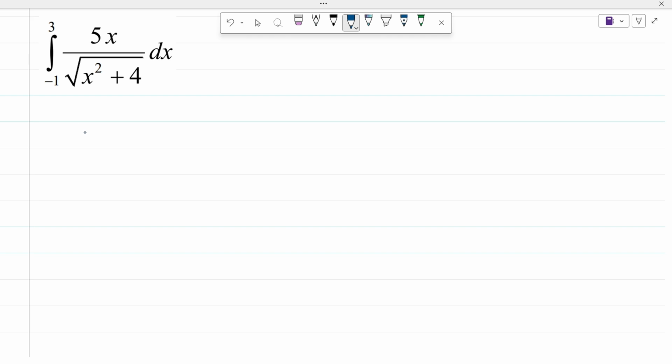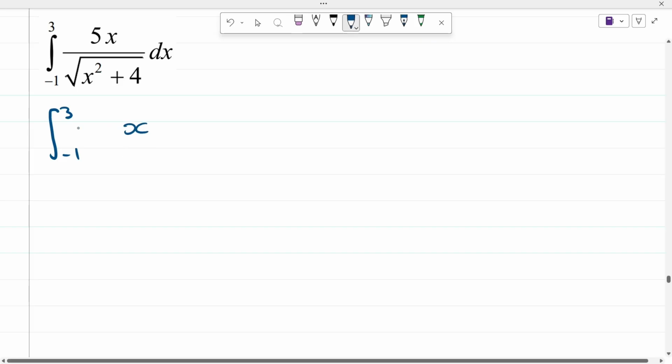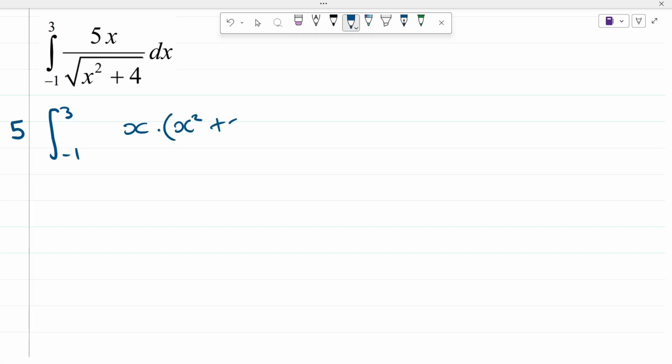When we check it, can we simplify this? No. Do we have the function and its derivative? Yes, we do, but then we need to do the cooking first. So let's rewrite this nicely first, and then we do the cooking. So I'm gonna take the 5 out and then write this as x squared plus 4 to the power negative half, dx.